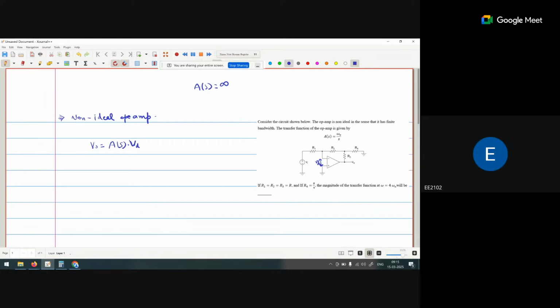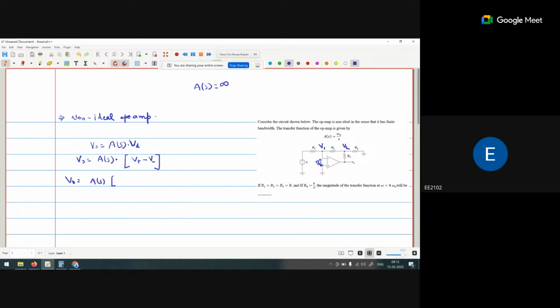Now, what is the V difference? That is A naught times V positive voltage minus V negative. We are considering this as V1. So what is the V positive voltage?